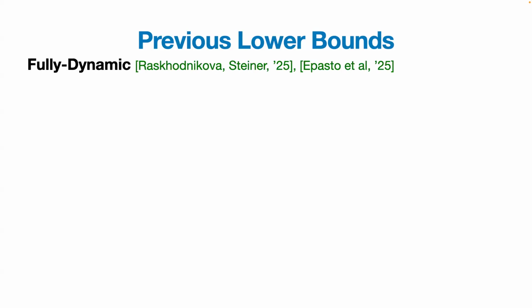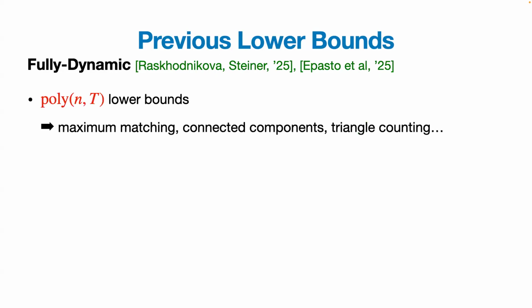So let's see what we already know in terms of lower bounds for graph problems in continual DP in this setting that I mentioned. Well, in the fully dynamic setting, there were these two papers last year that showed lower bounds on the additive error that are polynomial in n, the number of nodes, and t, the number of time steps, for a variety of problems like maximum matching, number of connected components, and triangle counting.